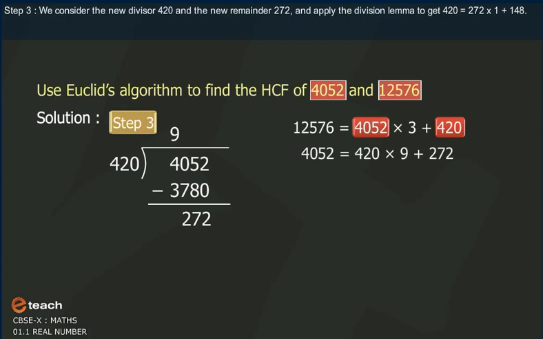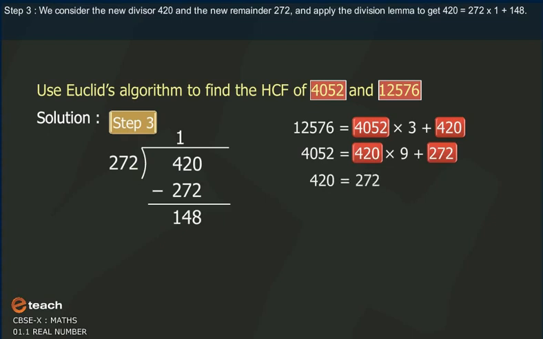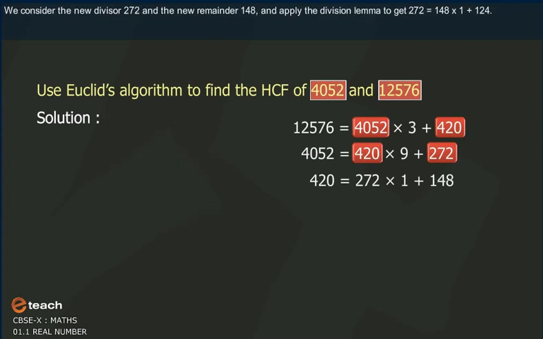Step 3. We consider the new divisor 420 and the new remainder 272 and apply the division lemma to get 420 = 272 × 1 + 148.